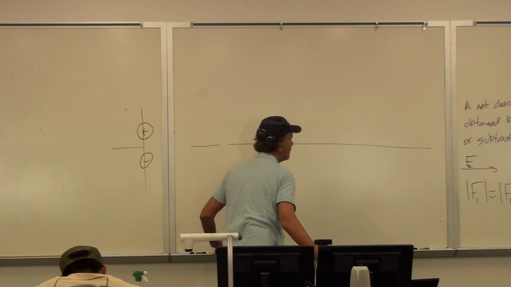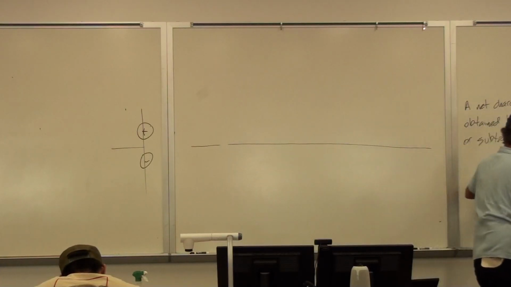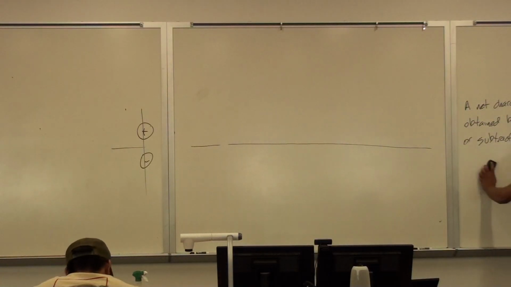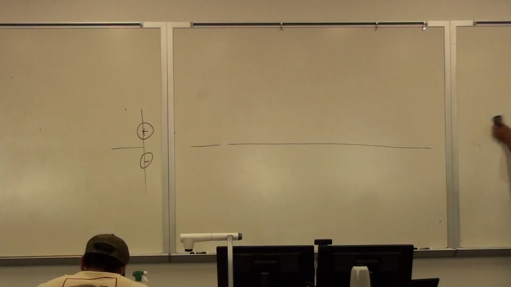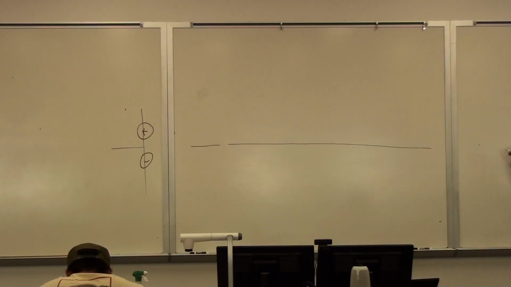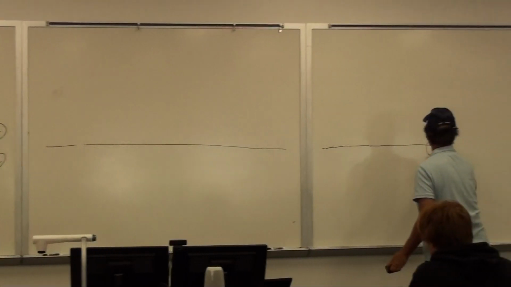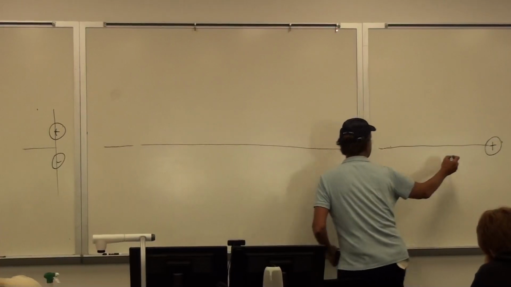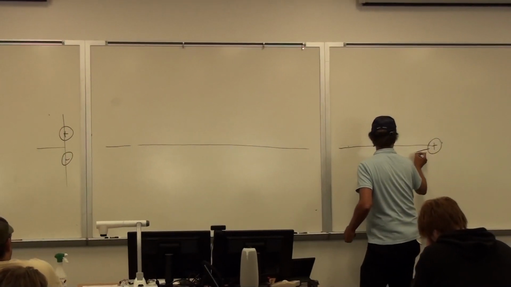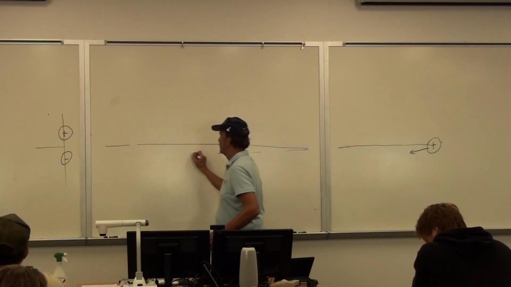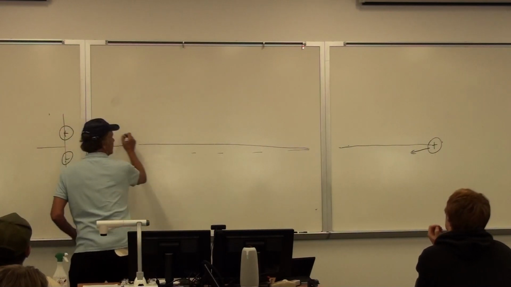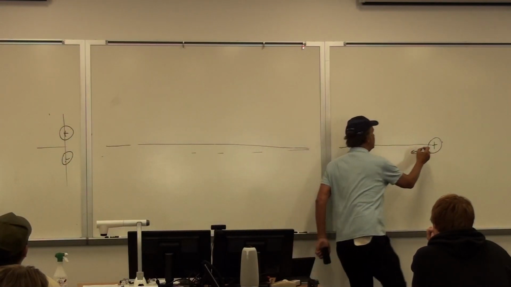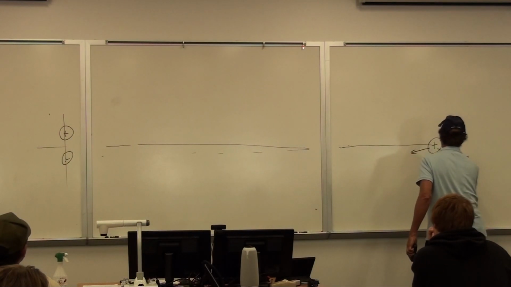Just really far. And then let's look at the way that the forces add up. So if we go way out here, and then let's say we have another positive charge.